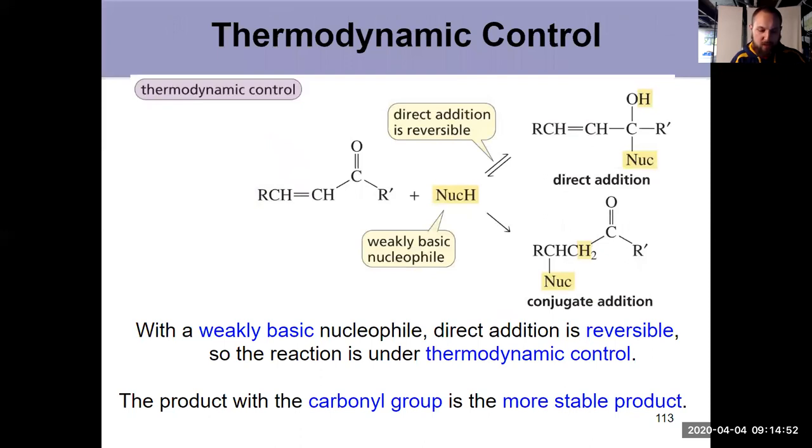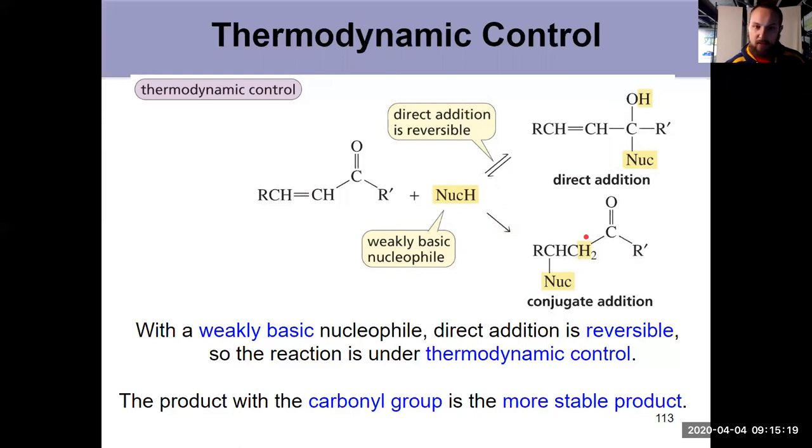So let's revisit thermodynamic control from earlier in the semester. Now, if I've got competing reactions, and I've got something that's reversible here, I'm going to be under thermodynamic control, meaning this one can keep bouncing back and forth, but when I fall down here, I stop.